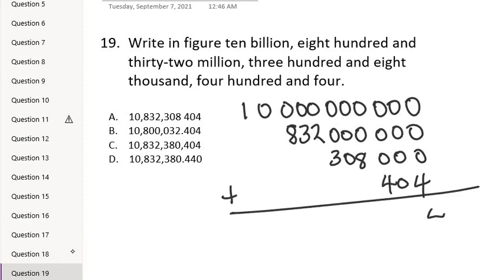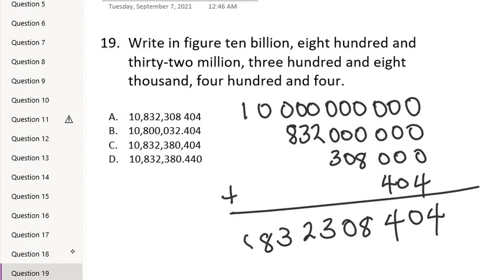So sum this up, you have 404, 803, 23801. 1, 2, 3, comma. So we have 10 billion 832 million 308,404. So the right answer is A.